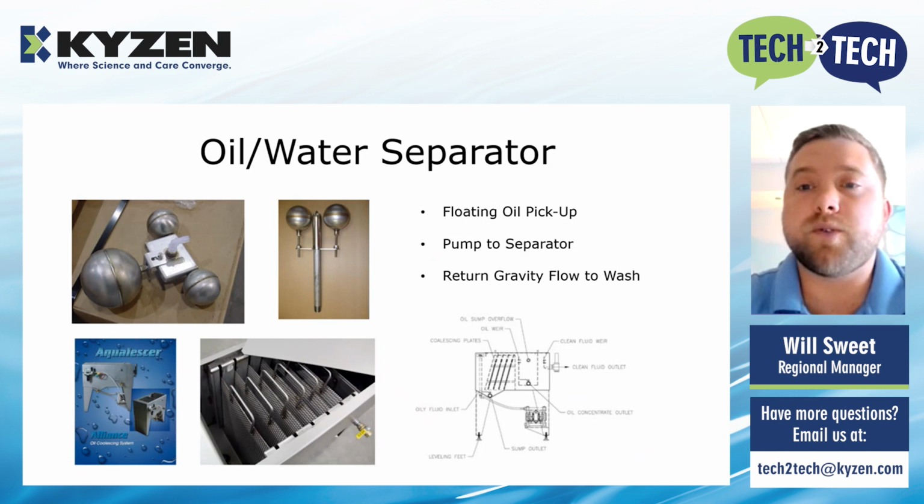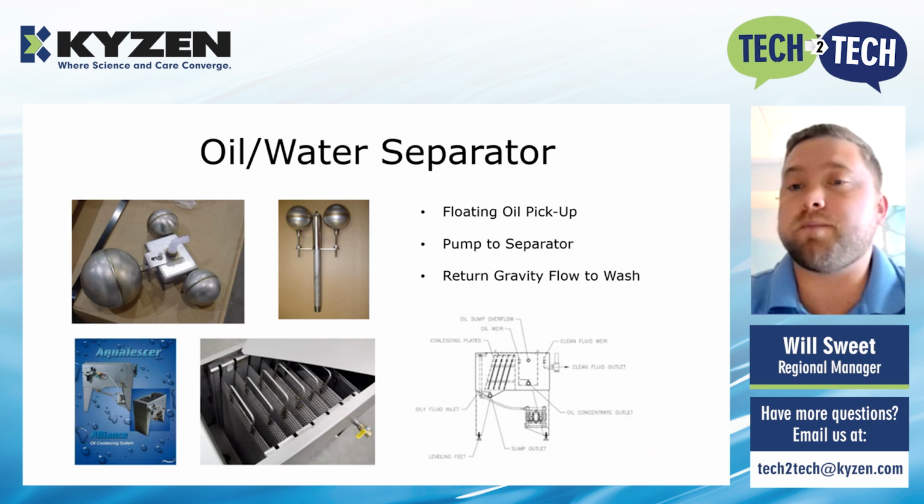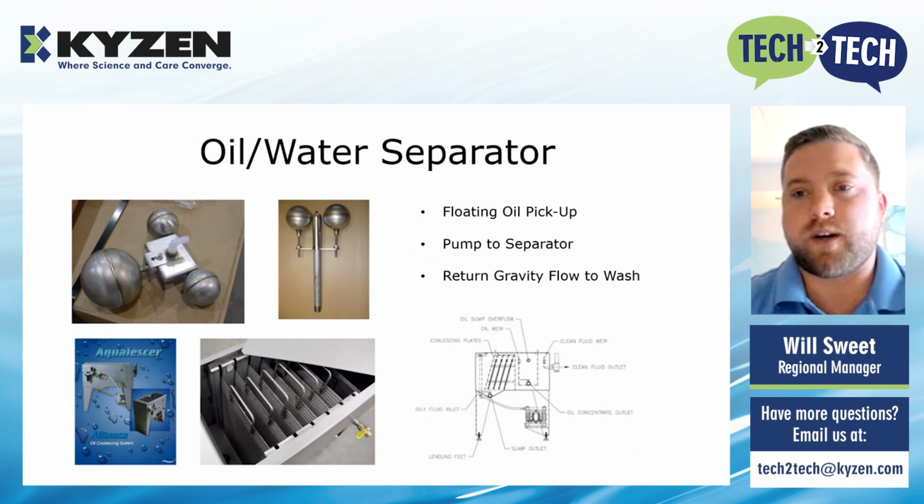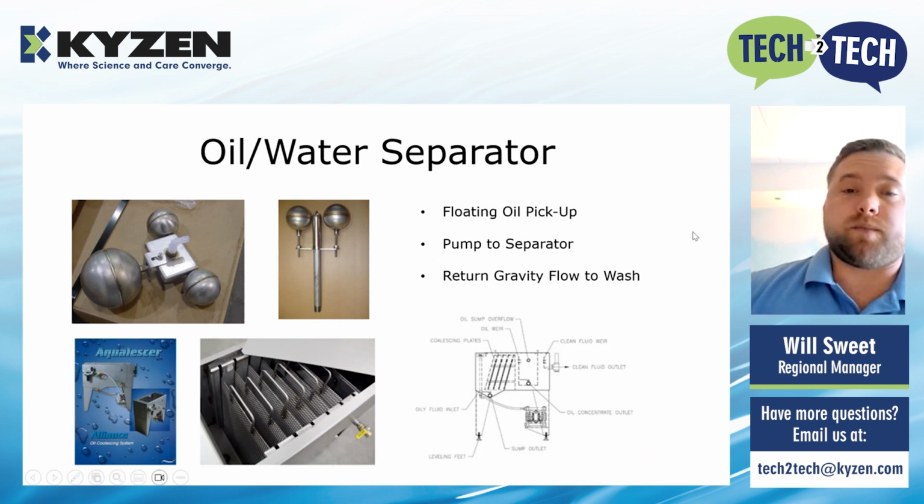You can also pump to a separator. Typically they are in line and used in conjunction during a cleaning process, but you can pump somewhere else and then pump it back, and return gravity flow to wash. So that's kind of what I was referring to there. Most of these inline coalescers are removing oil from the top and returning it back to the bath at the same time.